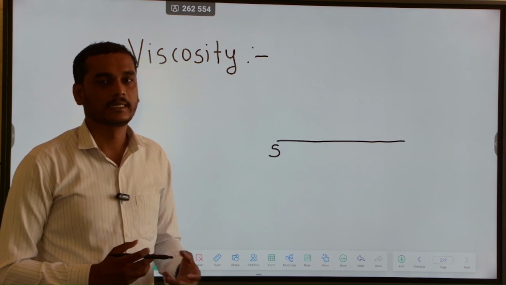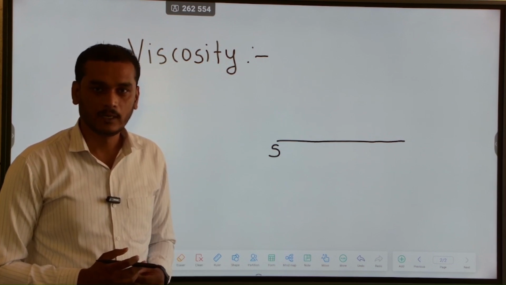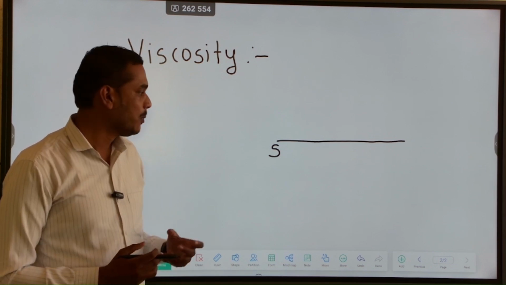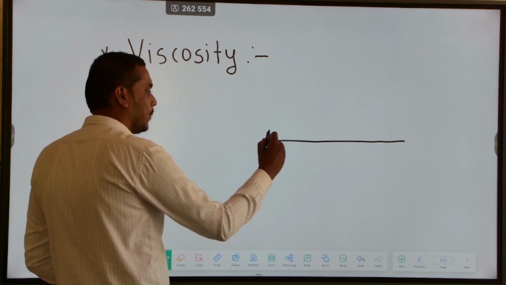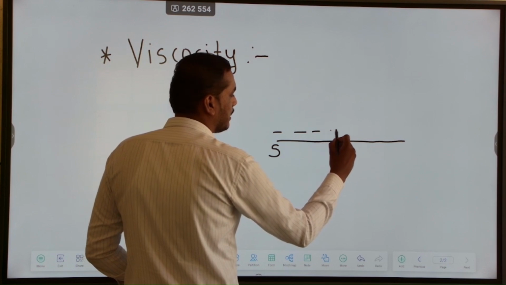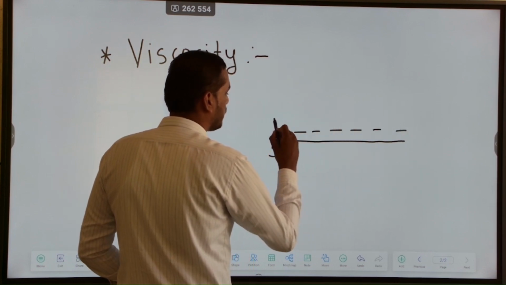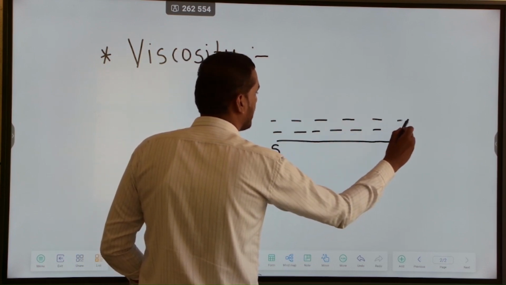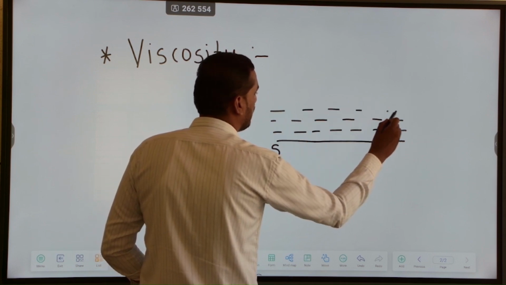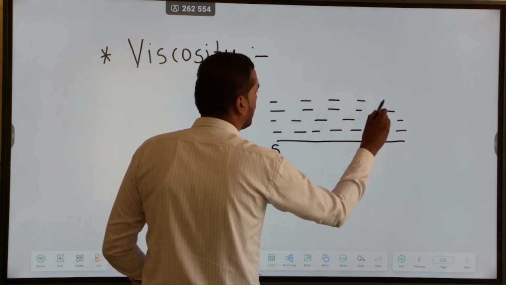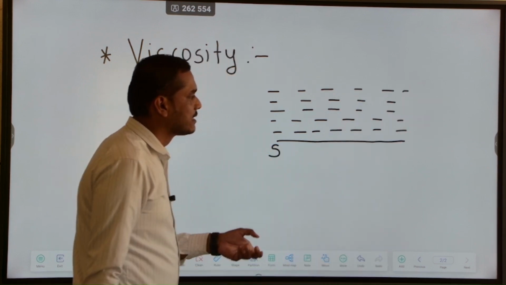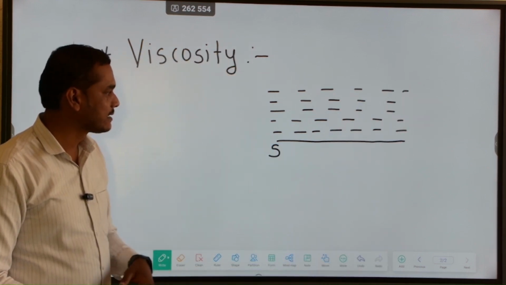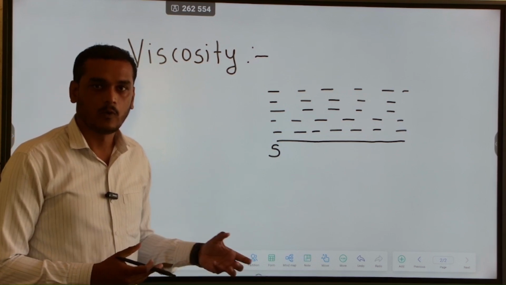Let us consider fluid is made up of a large number of layers moving parallel to the surface S. So initially we will consider different layers of fluid. This is the first layer, this is the second layer, this is the third layer, this is the fourth layer, and this is the fifth layer, such that a large number of layers combine to form a fluid.